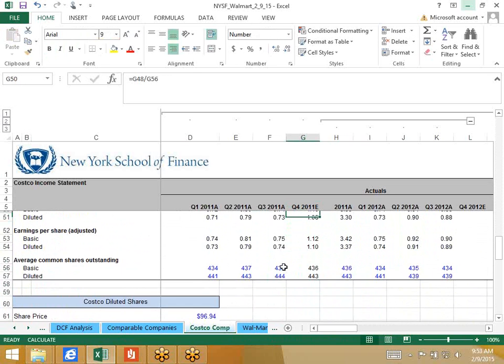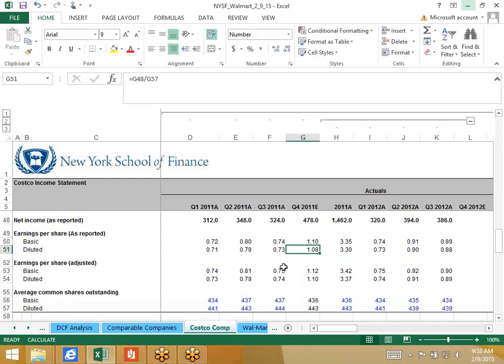Take a little bit of time, see if you can match this. Okay, it's the same exact process for the Q4 2012. Nothing here is hard-coded.